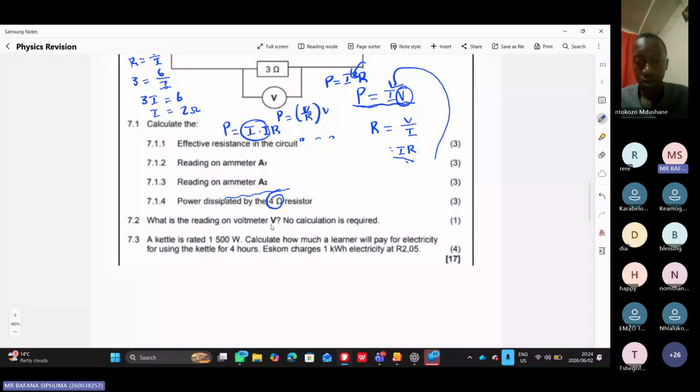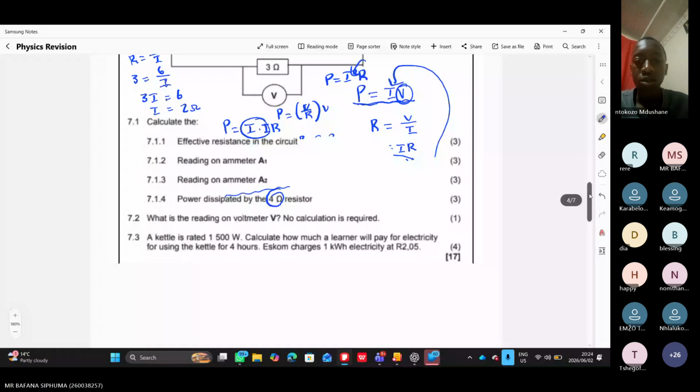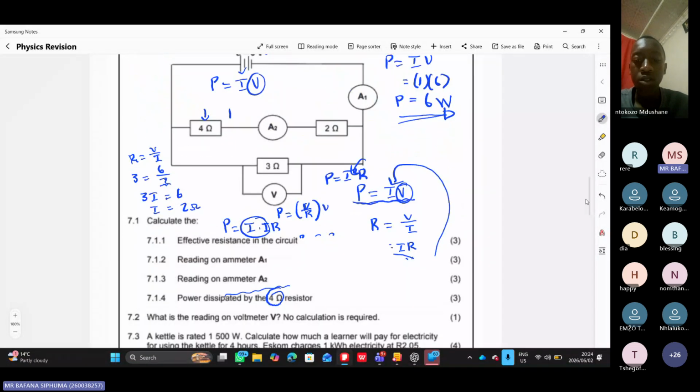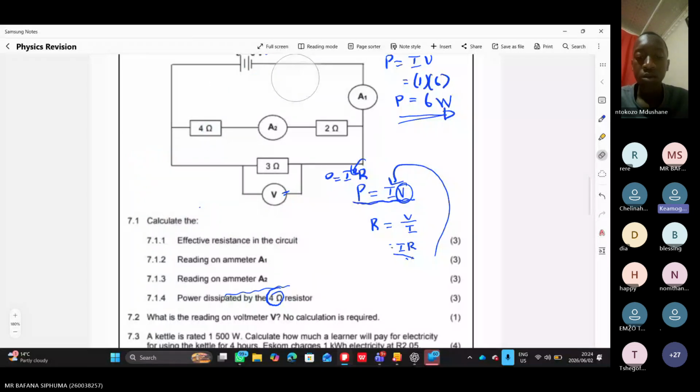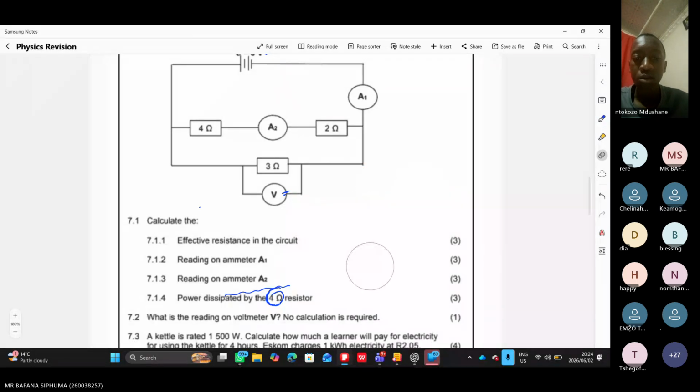What is the reading on V? No calculation is required. What is the reading on V without you calculating? Did we get the voltage of A2?